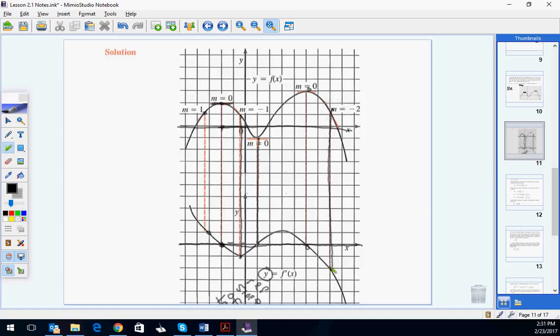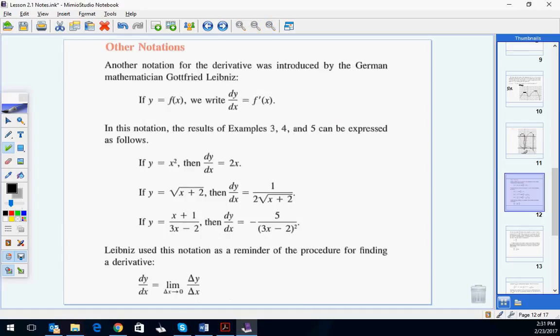They just gave you these. They're telling you this tangent slope is 1, it's 0, it's -1, it's 0, 0, -2. So if you draw a line directly from those spots straight down, that's where this graph actually is, because it's the output. All right, so don't sweat that. It's okay if you're a little confused there.